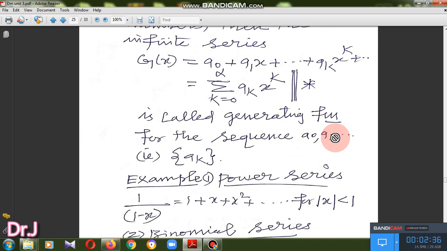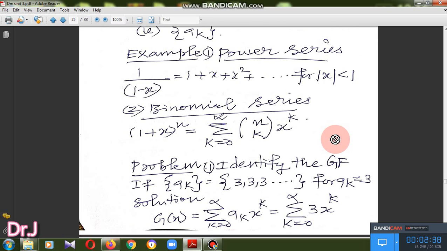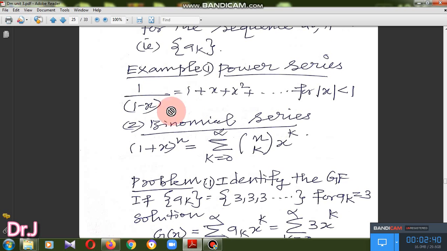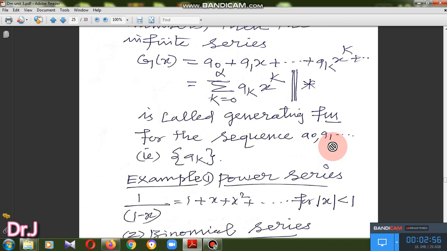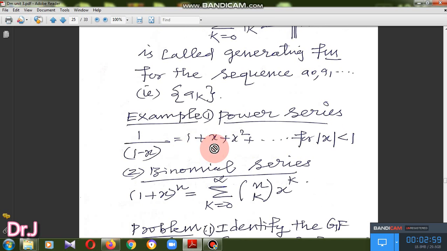Now look at this expression, 1 by 1 minus x. We know well that 1 by (1 minus x) is equal to 1 plus x plus x squared plus ... This is also of the generating function form.